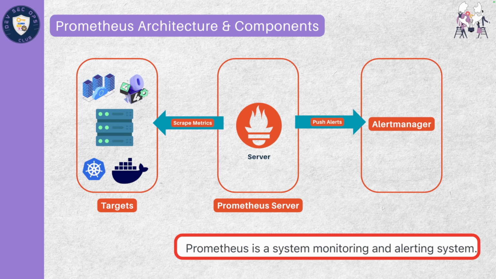When we install it, I will show you what regular interval means, and we can also customize it according to our need. When it finds something abnormal, it immediately pushes an alert to Alert Manager, and Alert Manager performs its job. Simple. So this is about Prometheus architecture and components. But how do they actually work? That is our next topic. Let's explore.